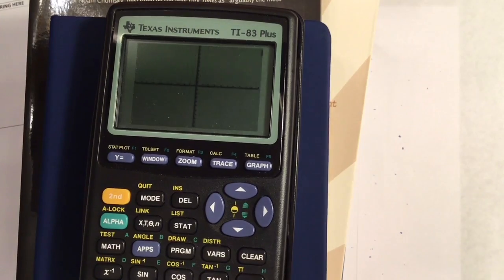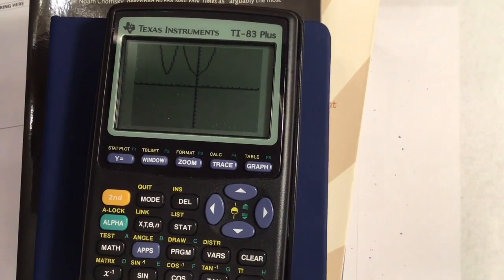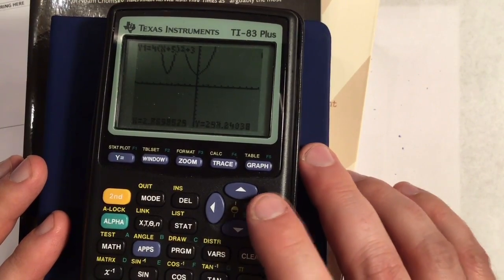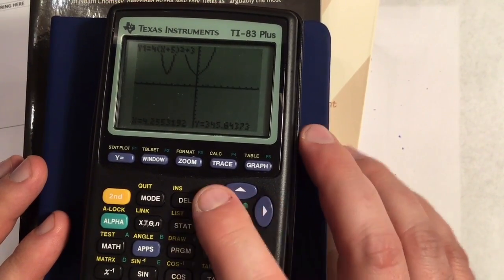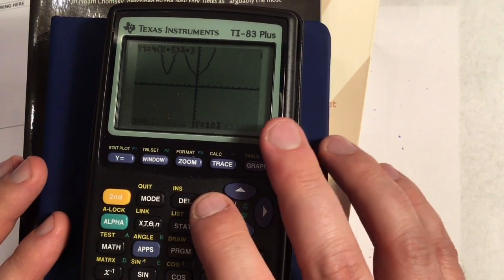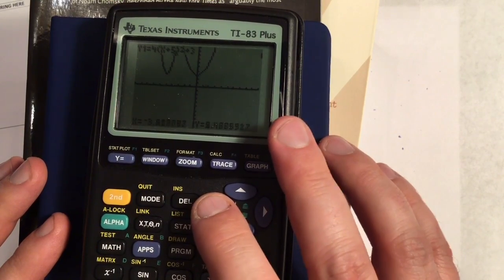We'll see if I zoom standard, if it's too tight in. Okay, maybe not. So I always like to hit trace. Move around until I find my cursor. Where are you? Oh, there you are.